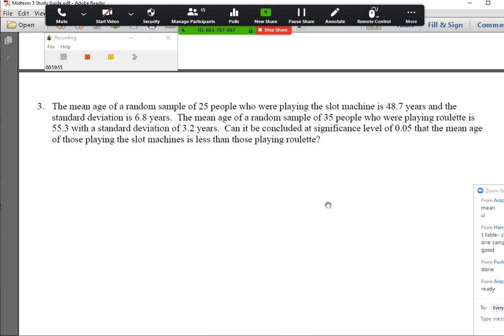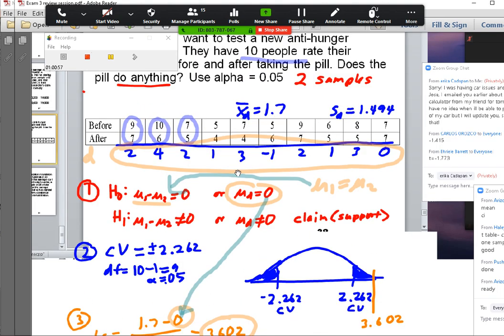All right, so why don't you take a look at this one, and I do want to point out a few things with this problem first.